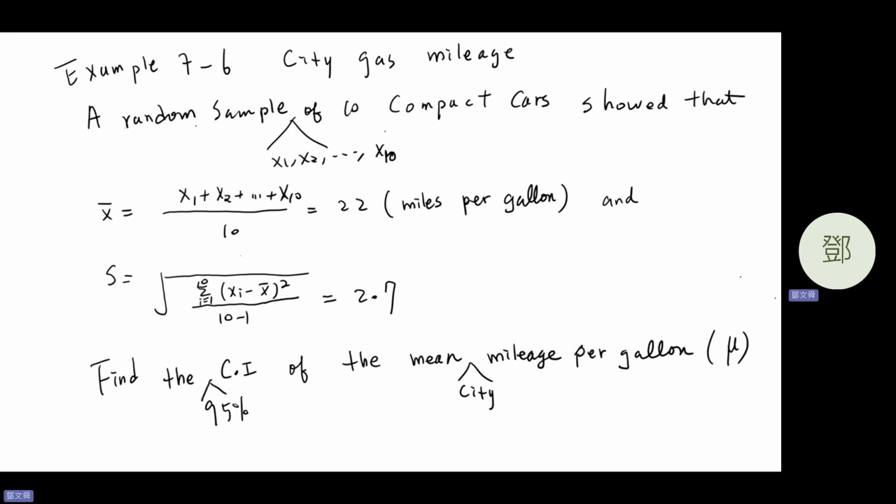To summarize, this paragraph says that X bar is equal to 22. There are 10 cars, 10 mileages in the city. And it says the standard deviation is 2.7. Now the standard deviation here is the sample standard deviation, not the population standard deviation.